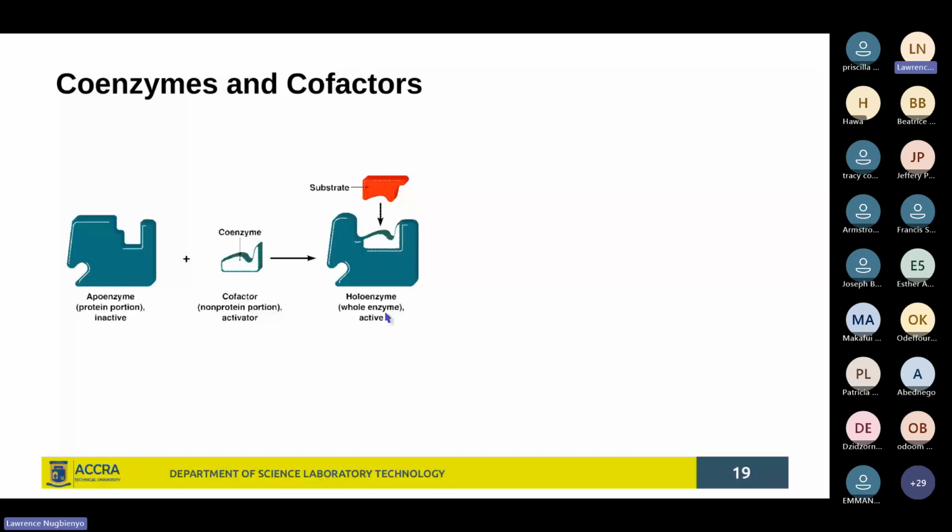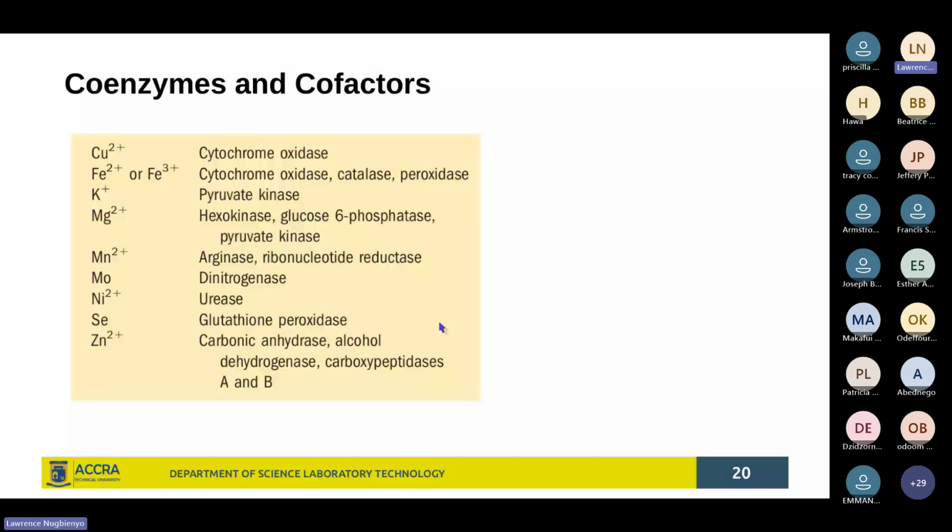Now, as we said earlier, you have the cofactors being some inorganic metals. So you can have, for instance, copper ions that are required by an enzyme such as cytochrome oxidase. When you see the name, you can tell clearly that this enzyme is involved in an oxidation reaction.